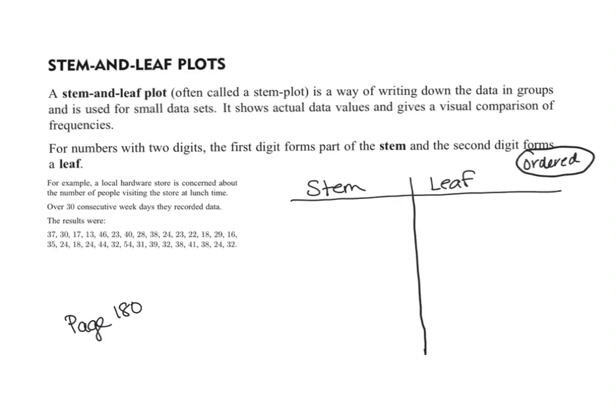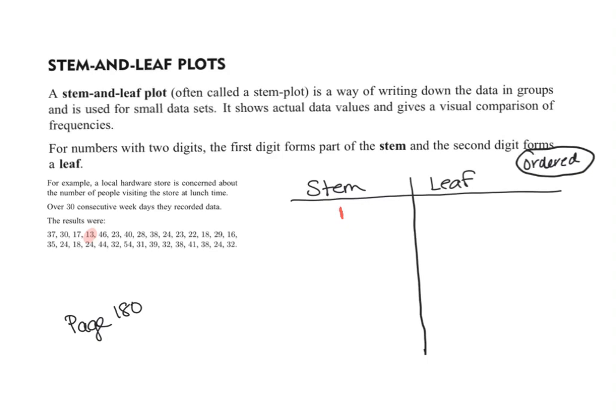So we look at our data points and we'll use the example from before about a hardware store. We need to think about what our lowest number is. The lowest number was 13. When we do our stem, we're going to put our tens on the left and our ones on the right.